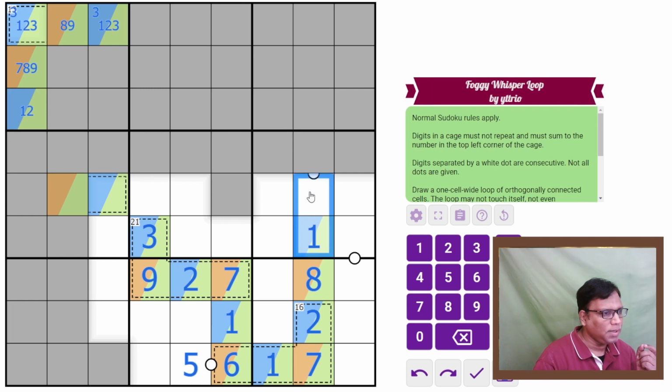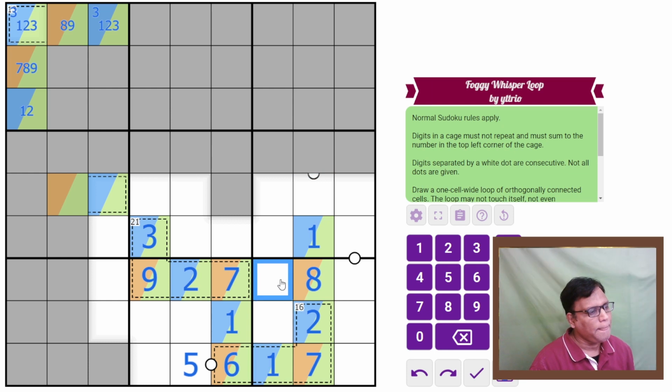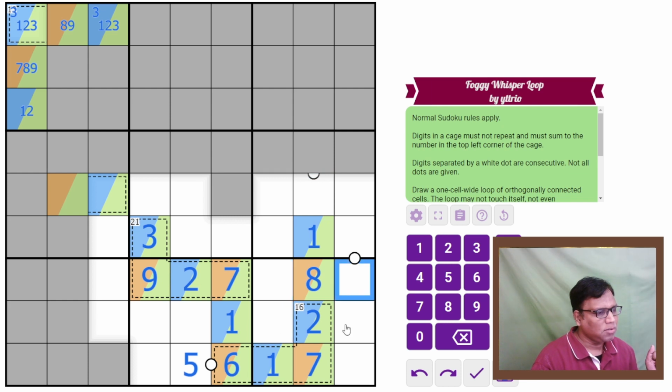So if it is going here, it can go like this or like that. Nah, I was just thinking of doing some Sudoku. So 9 is in 3, 6 is in 3, okay, lot of options.